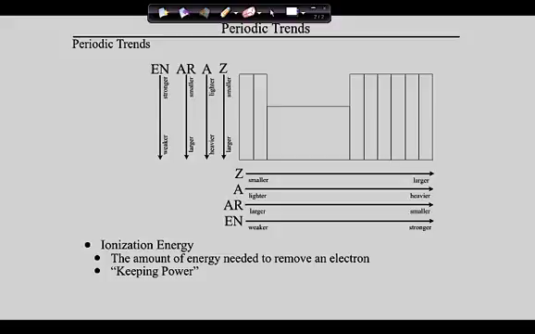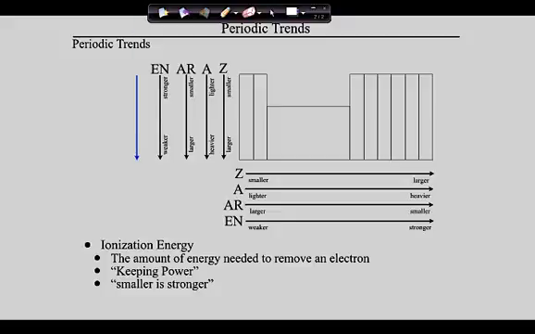Well, guys, here's the thing that's cool. The same properties that make atoms good stealers, electronegativity, also make them good keepers, ionization energy. The trend is the same. Smaller is stronger.